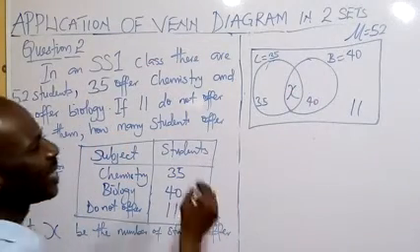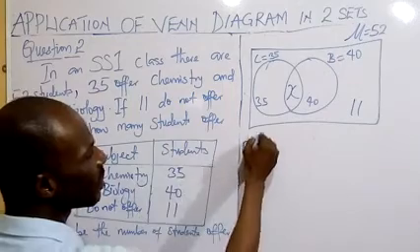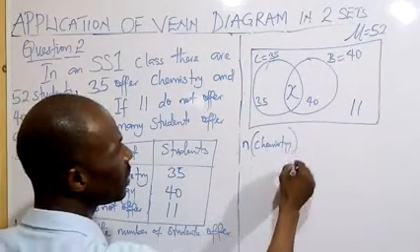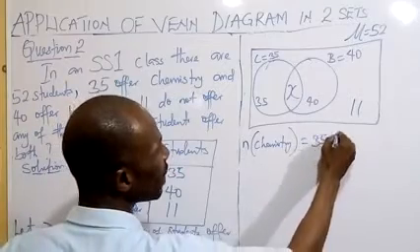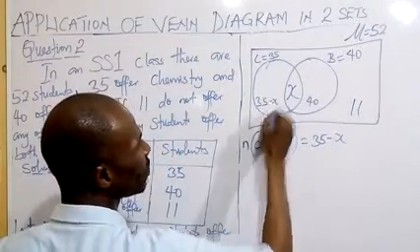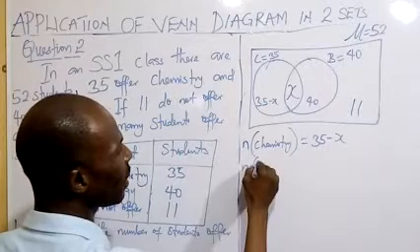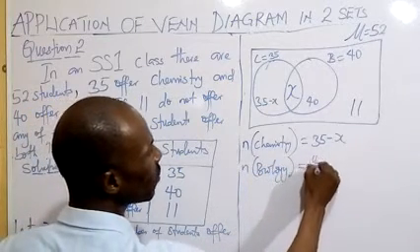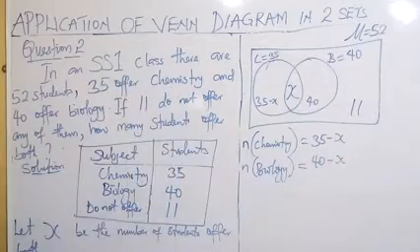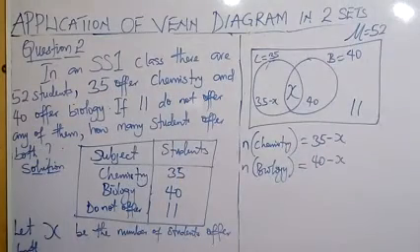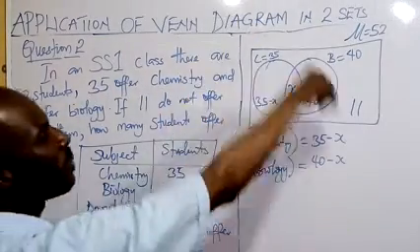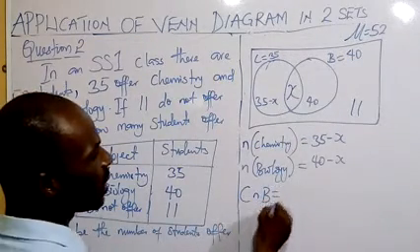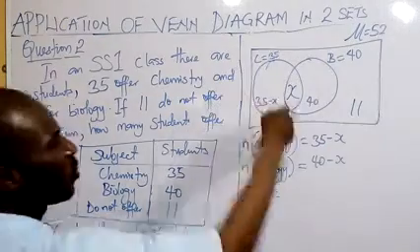So to get the number of students that offer chemistry only, it will be 35 minus X. Number of students that offer biology only will be 40 minus X. To get the total, that is chemistry and biology, that will be the summation of all.